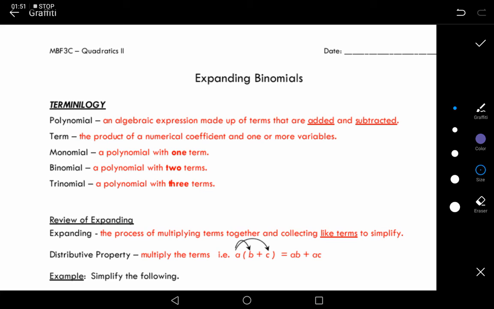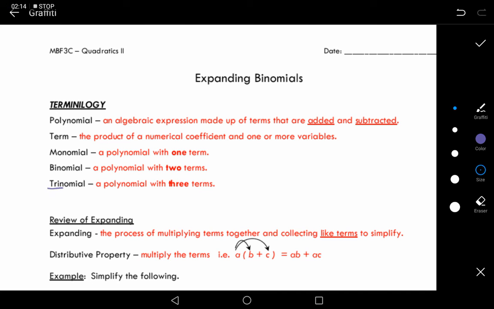A monomial starts with mono, and mono we know means one, so that is simply a polynomial that has only one term. A binomial, bi means two, so that is a polynomial with two terms. And lastly, we have a trinomial.